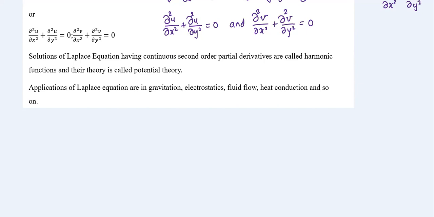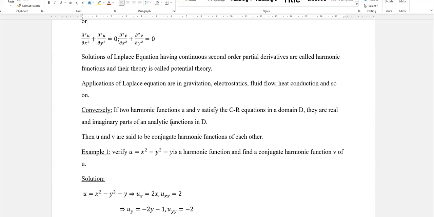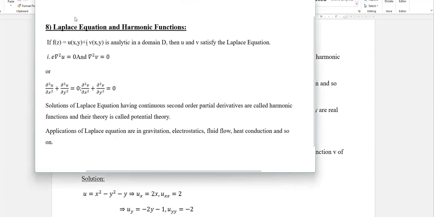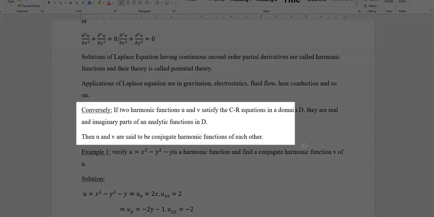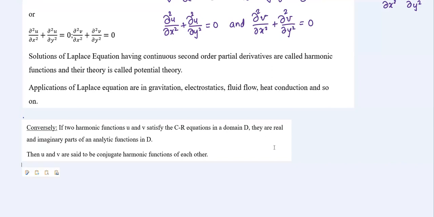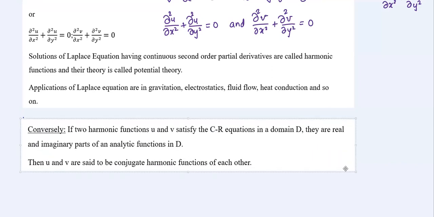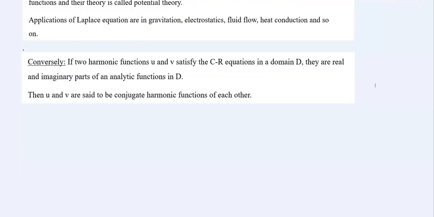U and V are called conjugate harmonics if they satisfy the Cauchy-Riemann equations.